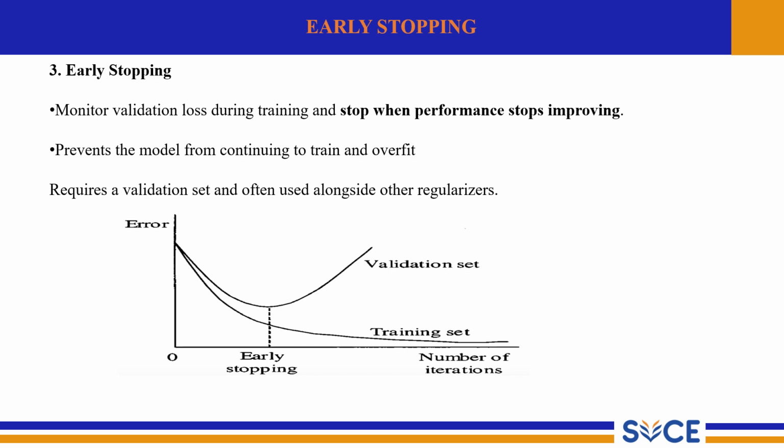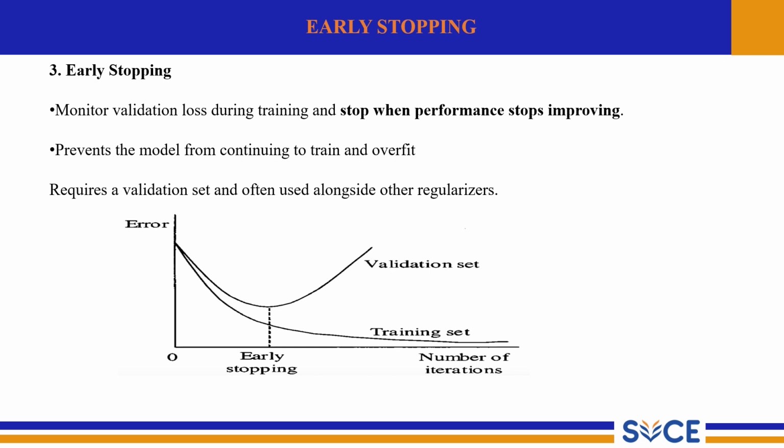Early stopping. It is also another regularization method. With early stopping, we monitor the validation loss throughout the training. As long as the validation loss keeps improving, the model continues to train. But the moment validation loss stops improving or starts to worsen, we stop the training process.